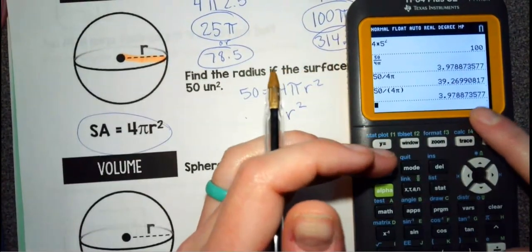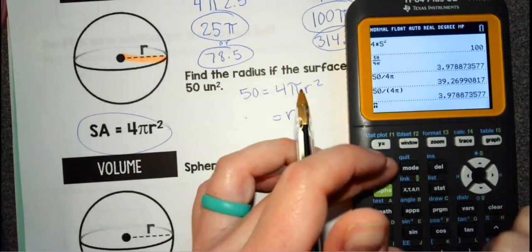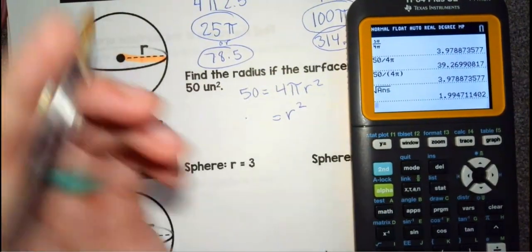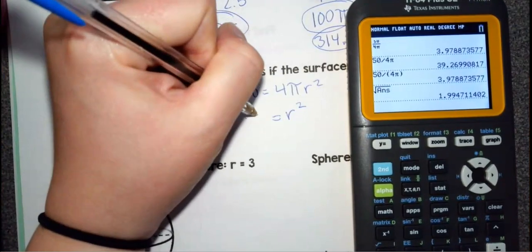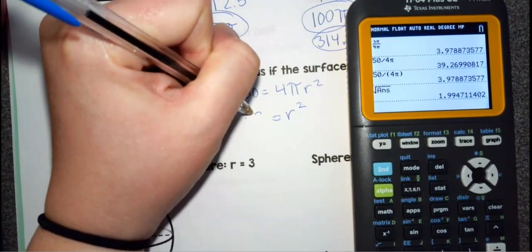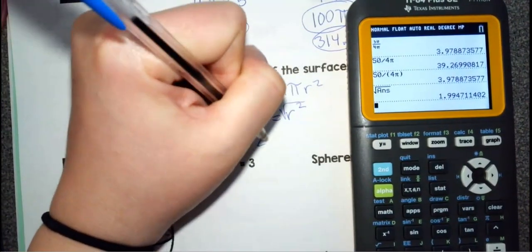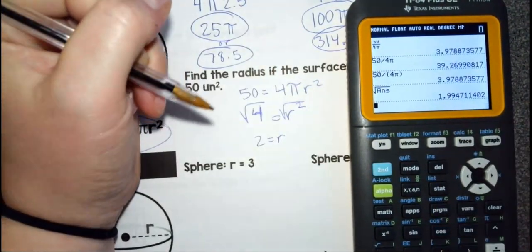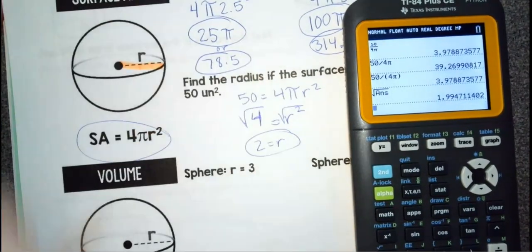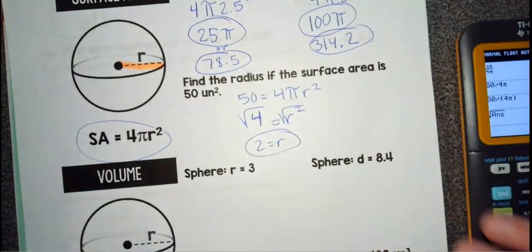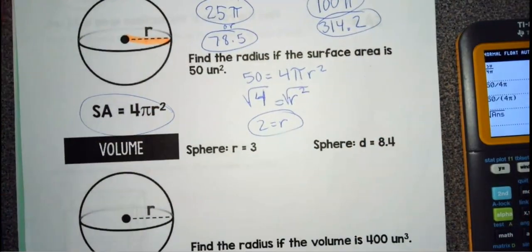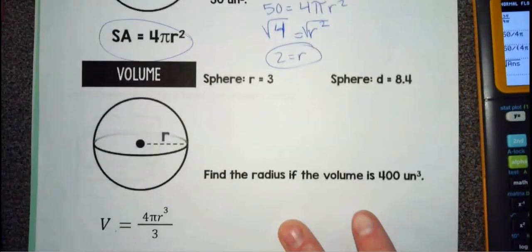But you end up getting 3.798, and we need to take the square root of that number. So you're ultimately going to end up with 2, because at the end you're going to round, and it will round to 2. But this is really just 2 steps. You divide by 4 pi, you take the square root, and then that's it.